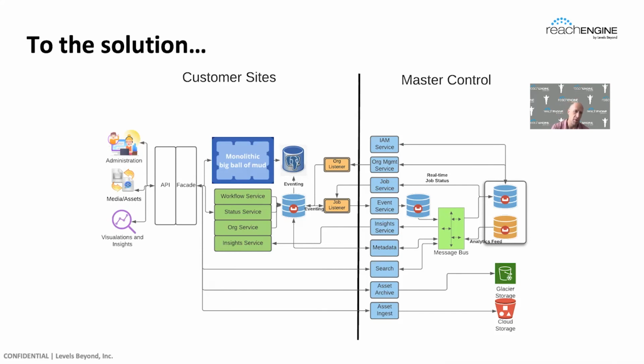So we started with building in essentially a status service. That's the second green box there, right? That was essentially allowing us to decouple job status and move some of that orchestration into the cloud versus keeping it all on-prem. And so that immediately allowed us to start to distribute workflow and workload and orchestrate it from that master control.